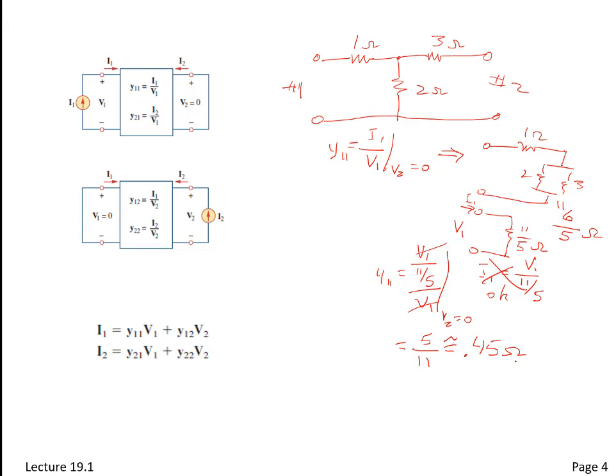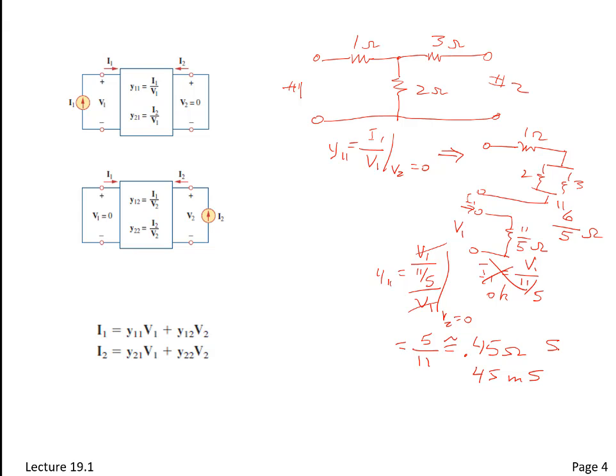I notice the text uses a capital S, almost like the S parameters. Easy to get confused there. But nevertheless, it's going to be the same thing. 0.45 or 450 milli-S's. It comes out something like that.